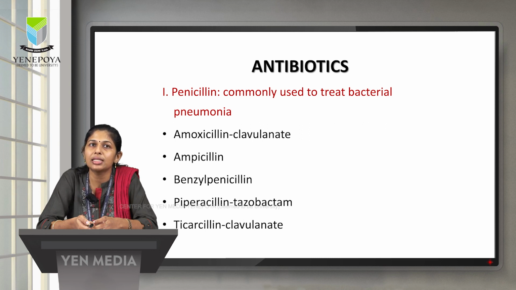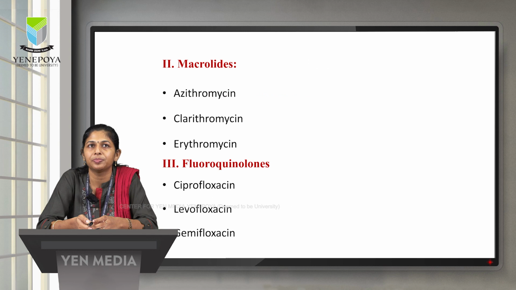Examples of penicillins are amoxicillin-clavulanate, ampicillin, benzylpenicillin, piperacillin-tazobactam, ticarcillin-clavulanate. These are the most common antibacterials given to patients diagnosed with bacterial pneumonia.